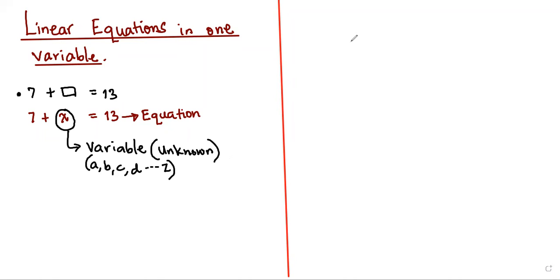And then we said that in our equation, 7 plus x is equal to 13, this part 7, x, and 13, these are called terms.